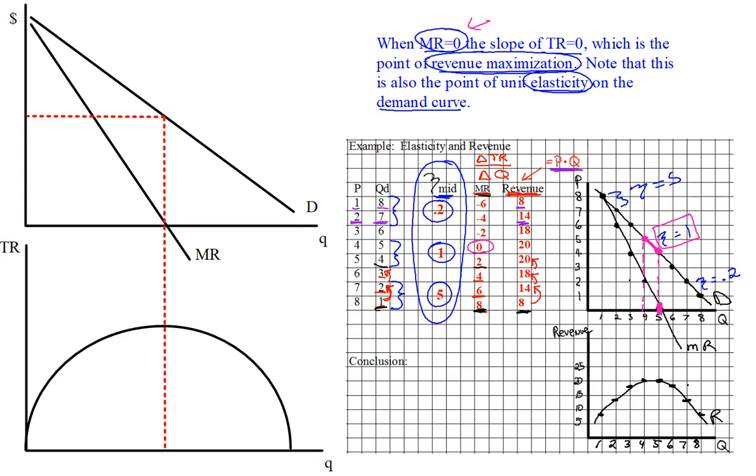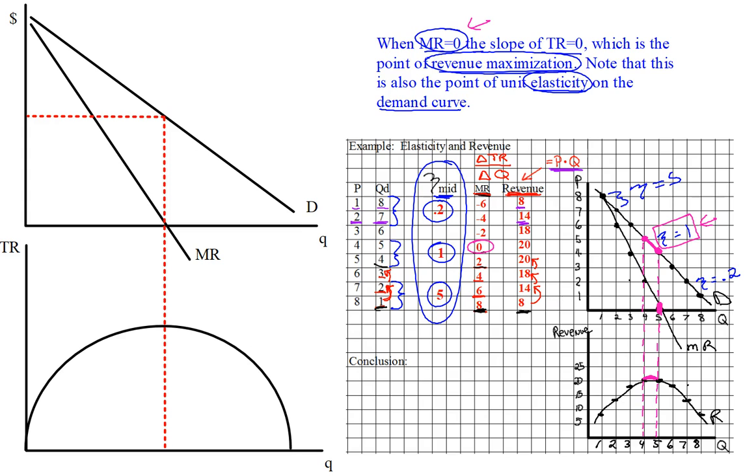Unit elastic happens to be the point of revenue maximization. That's what I showed on that previous video back in my elasticity playlist. If you go back and watch that video, we showed that when the elasticity is equal to 1, we're going to be at the point of revenue maximization. That's right here.